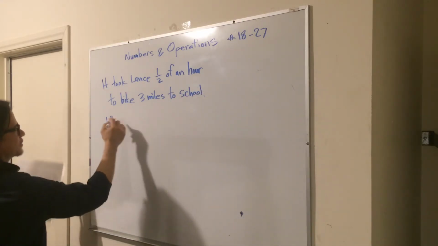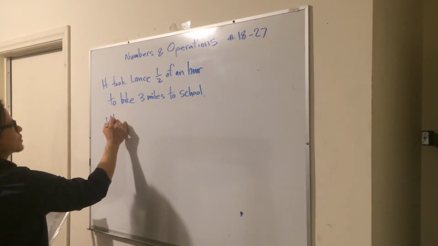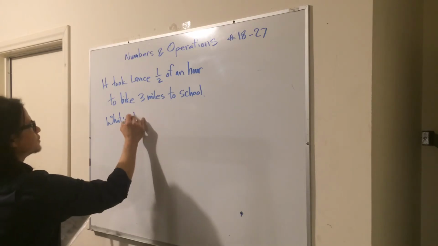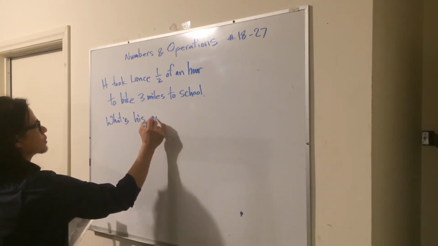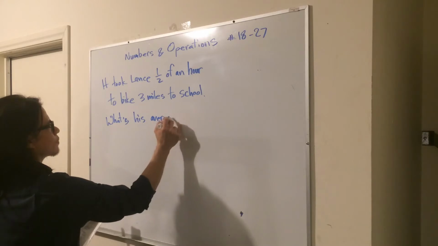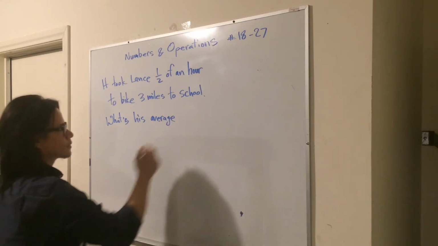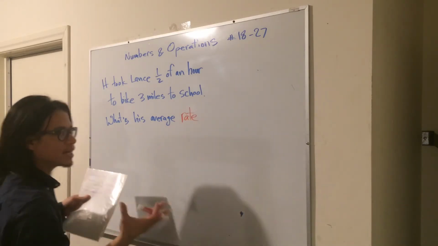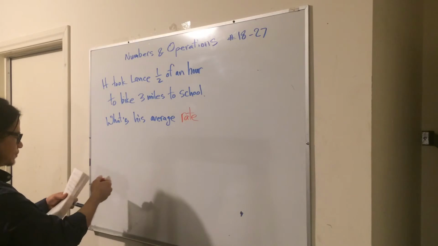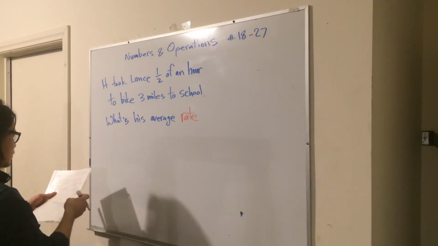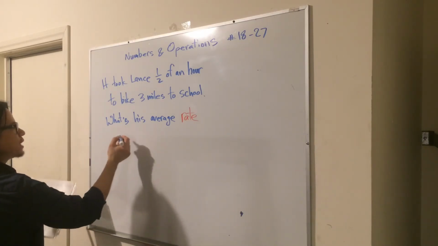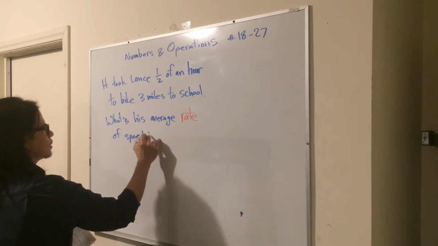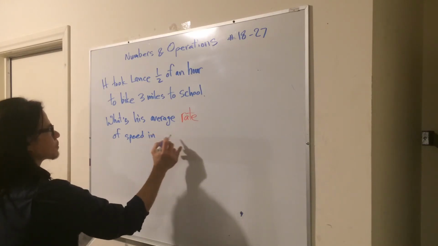Okay, university. What's his average rate? How fast is he biking in miles per minute? What's his average rate of speed in miles per minute?